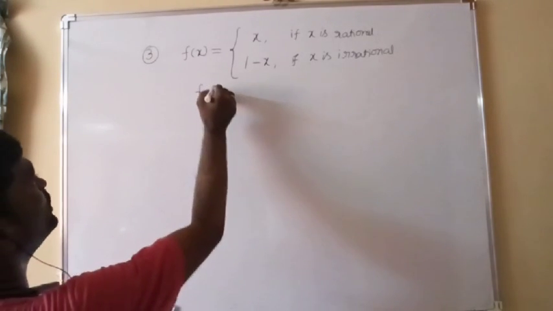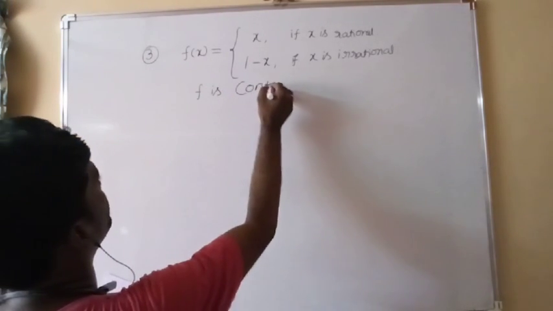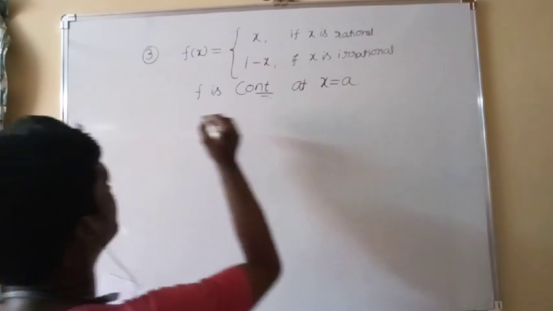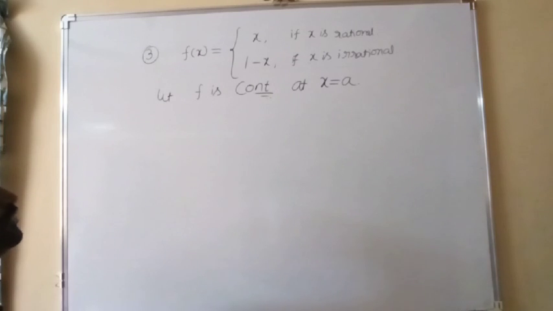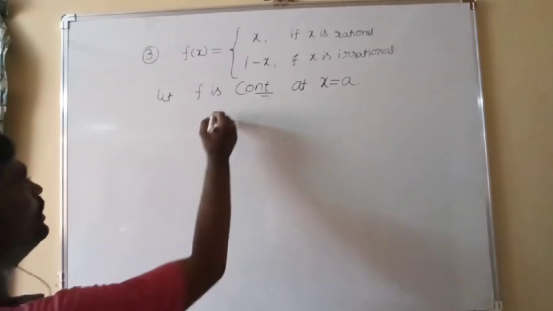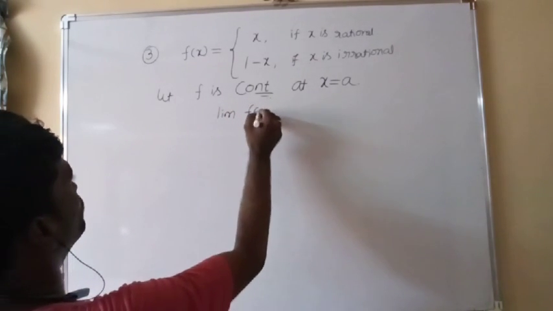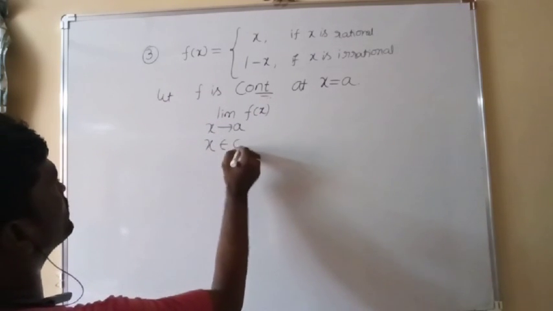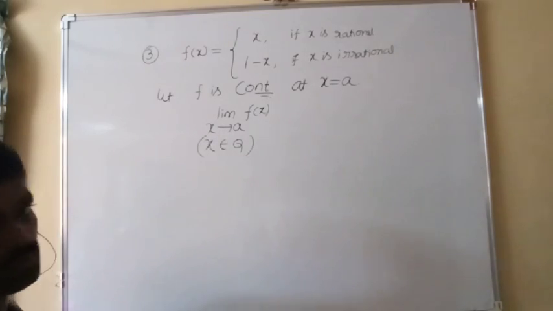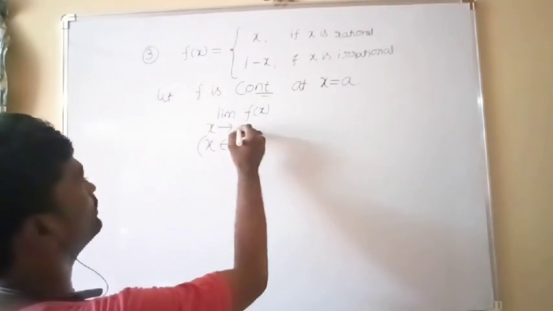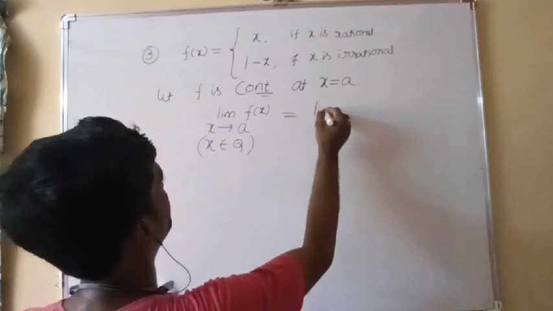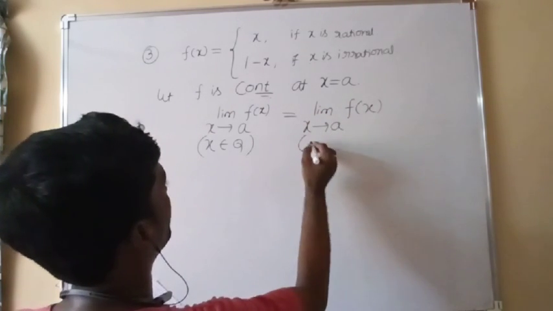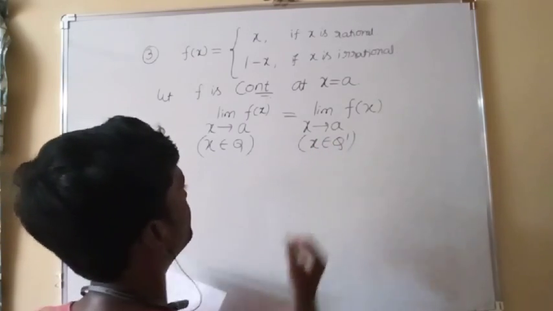Suppose f is continuous at x is equal to a, then compulsorily the limit of the function as x tends to a, where x takes only rational values, x belongs to Q, must be equal to the limit of f of x as x tends to a, where x takes only irrational values.